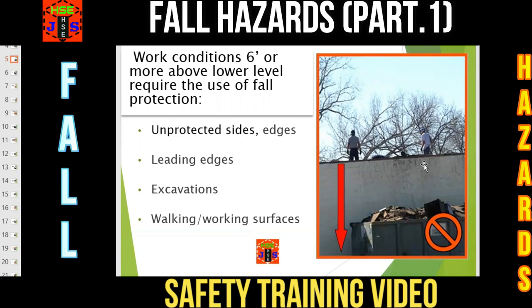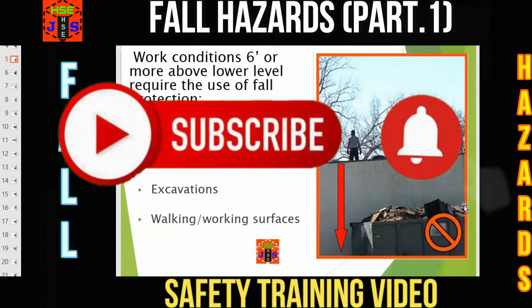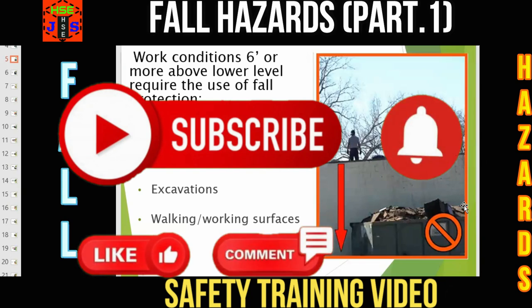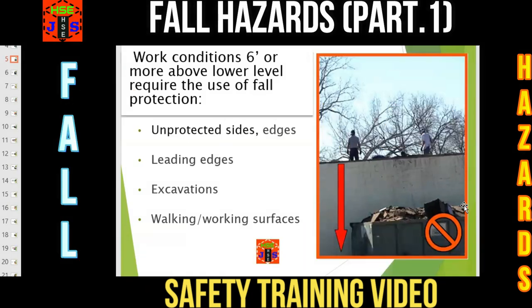What are the hazards here that may lead to a fall incident? Unprotected sides, edges, as you can see in the photograph, leading edges, excavations, walking or working surfaces. All these are examples of fall hazards from building structures.